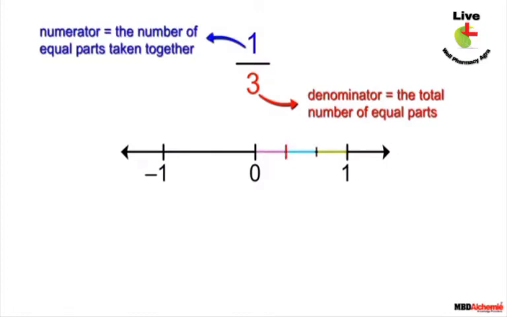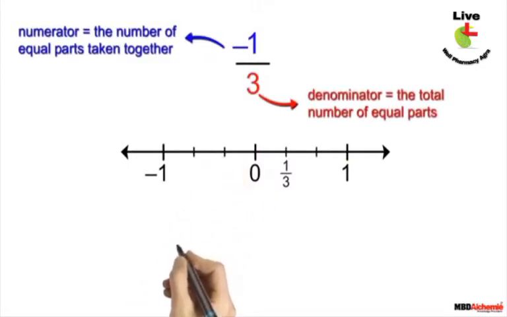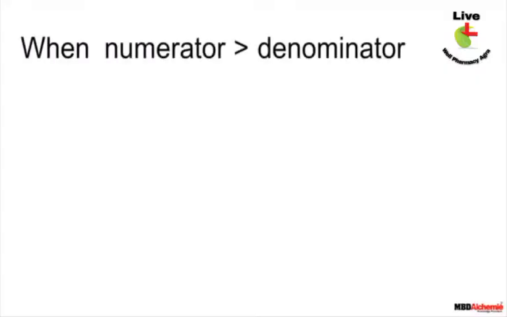Thus, the first mark from 0 represents 1 upon 3. Using the same procedure, we represent minus 1 upon 3 on the left side of 0 as the negative sign shows the left direction from 0.